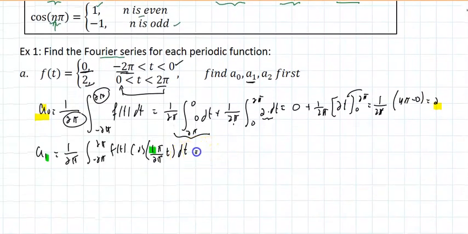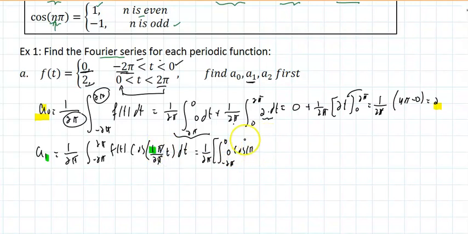So what would that be? You notice I'm working straight to the right so you can see the whole thing. That's 1 over 2 pi times the integral, again, from negative 2 pi to 0 of 0 times the cosine of t over 2 dt, plus the integral from 0 to 2 pi of 2 times the cosine of t divided by 2 dt.